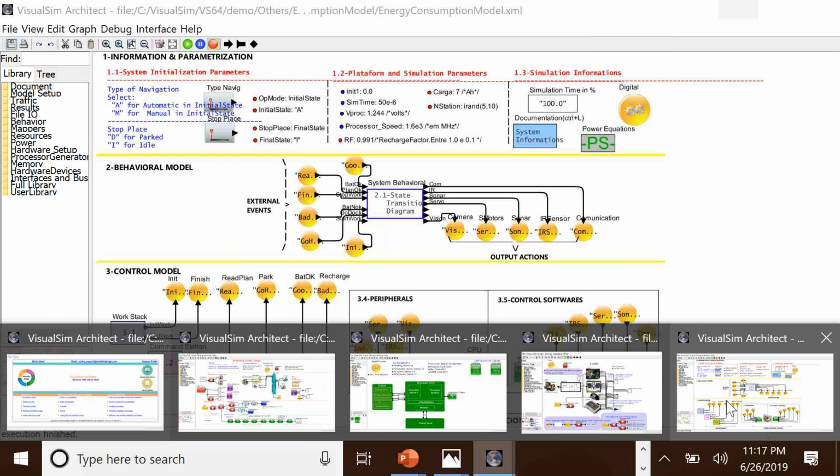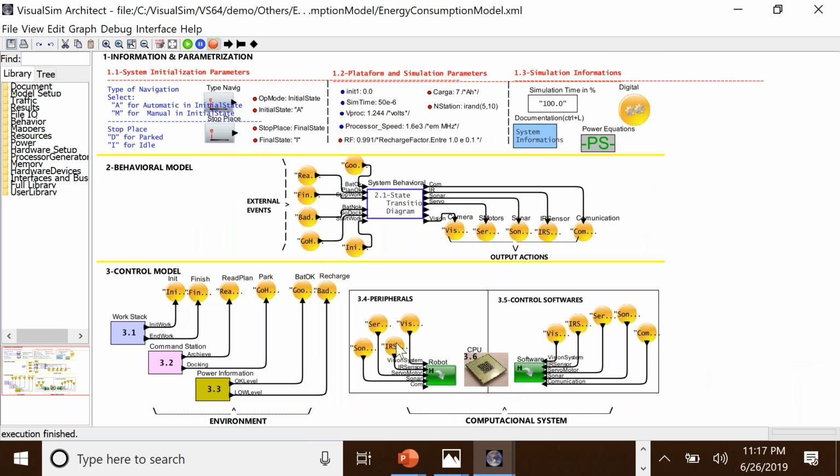Here we go. So what you see over here is we've got all the peripherals, all the computer software, the CPU, and a controller right here, which is receiving requests from external events and then triggering off these different peripherals and the processor. One is the work stack, which tells it how much needs to be done, when it needs to be done, and how many resources are required.